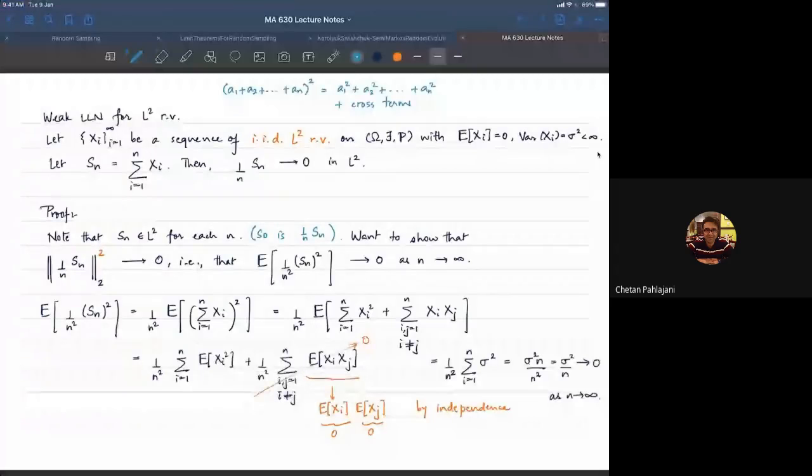All right, so is the iPad screen visible? I think it should be visible. Well, I'll take that as a yes.